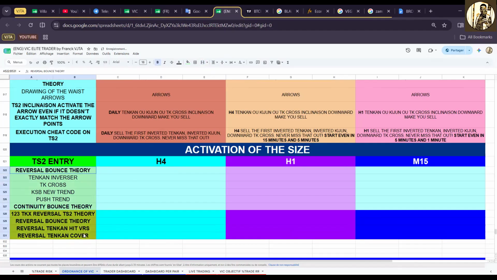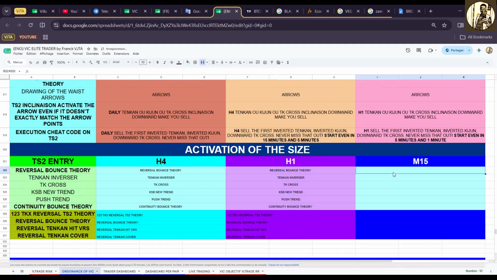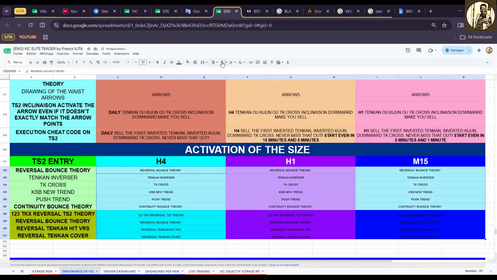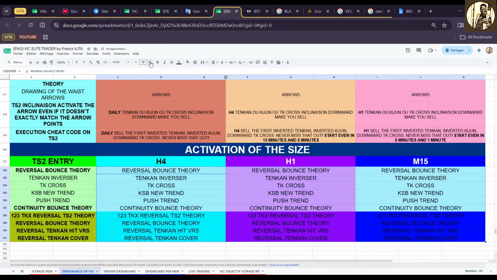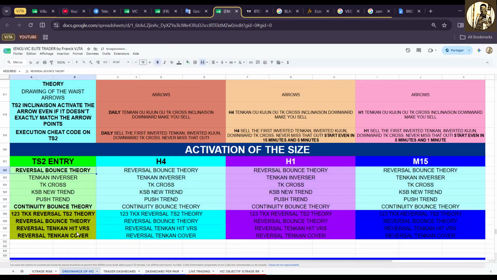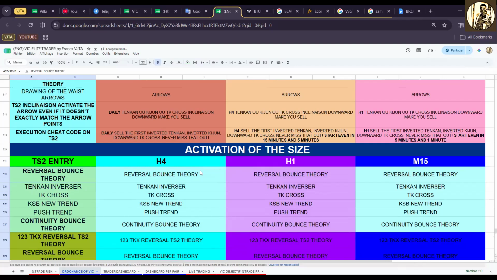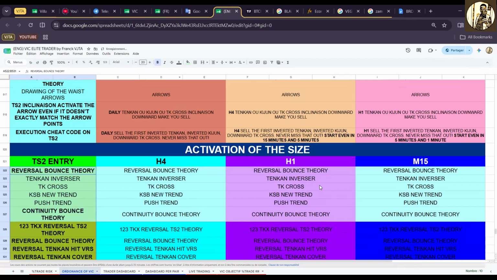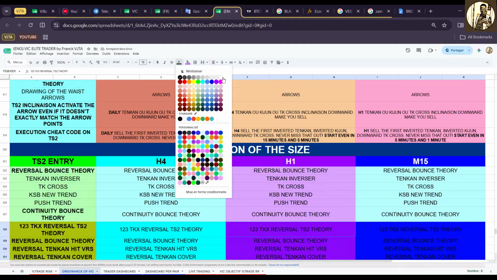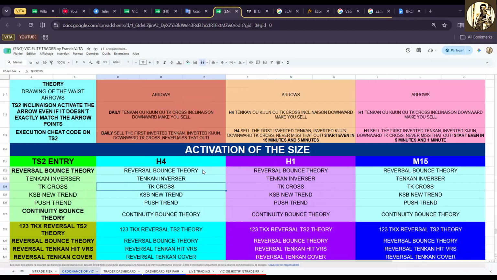But I just remind you that that's how you activate the size theory.